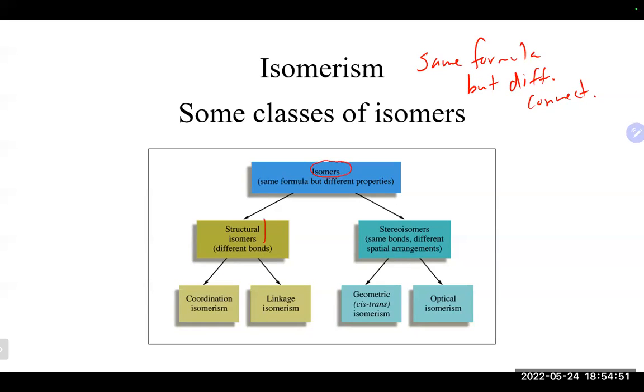There are structural isomers, which have different bonds. A type of structural isomer is a coordination isomer and a linkage isomer. We'll look at each of those in just a second. There are also stereoisomers, which have the same bonds, but a different arrangement in three-dimensional space. That gives rise to geometric isomers, which are cis or trans, and optical isomers, which have the ability to move plane polarized light.